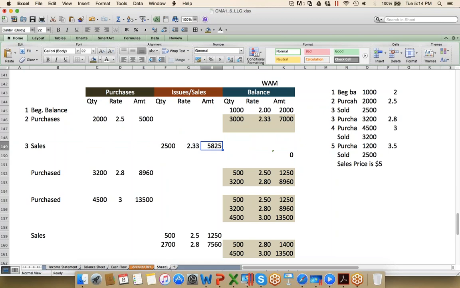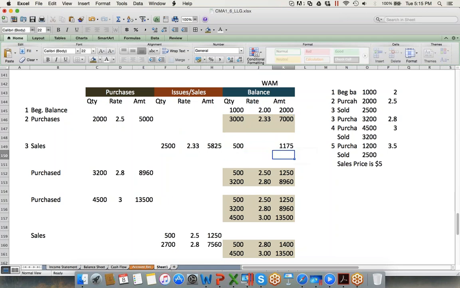Now apply the rule, same like purchases, here sales. Deduct quantity from the total quantity. So we had 3,000 units minus 2,500. And also deduct value from value. 7,000 minus 5,825.